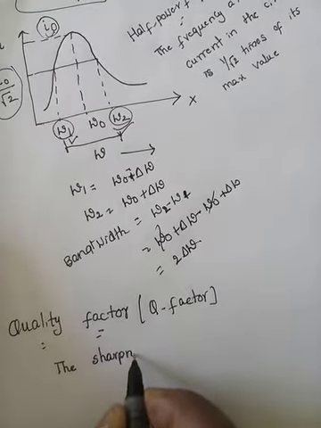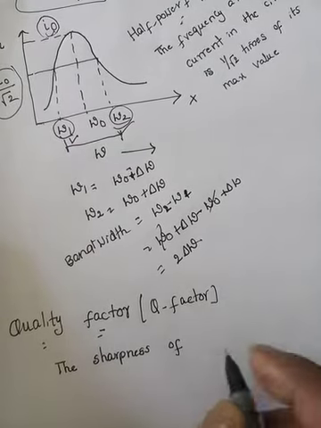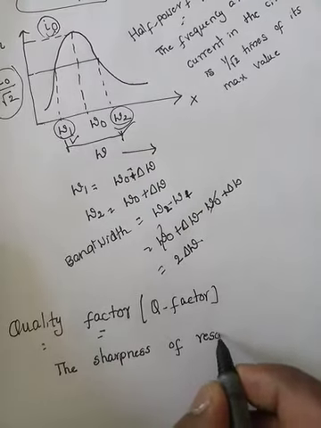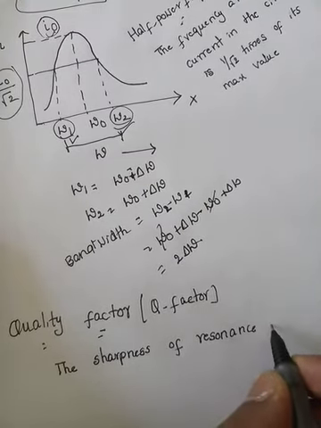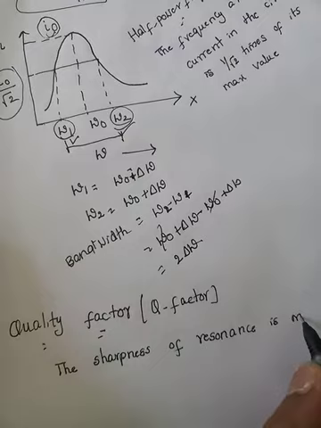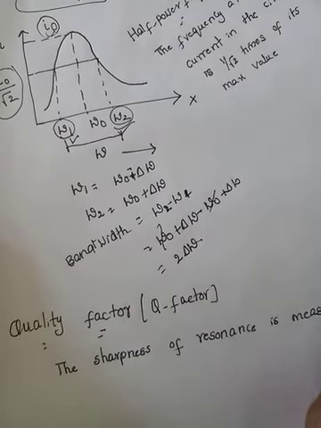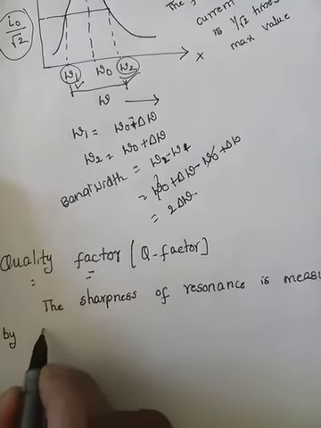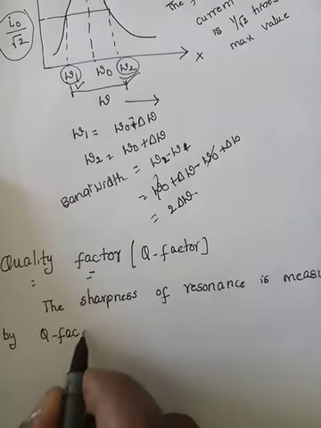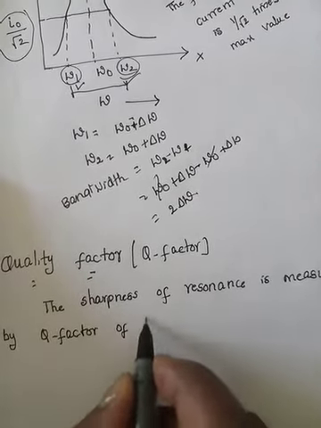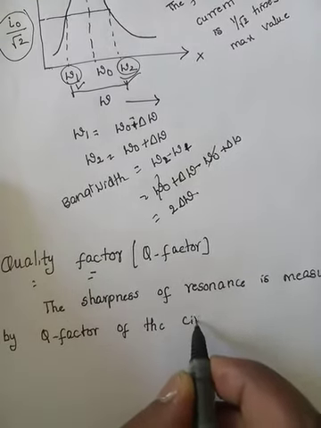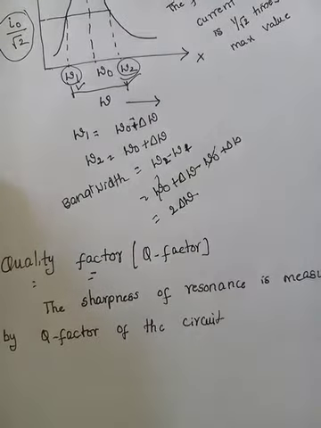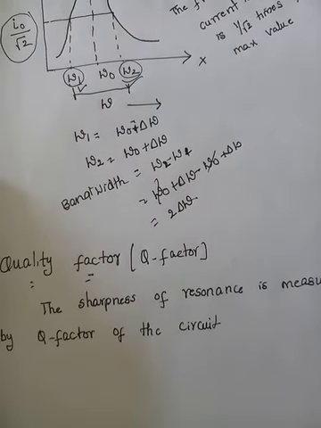The sharpness of resonance is measured by the Q factor of the circuit. Q factor is nothing but the quality factor of the circuit.